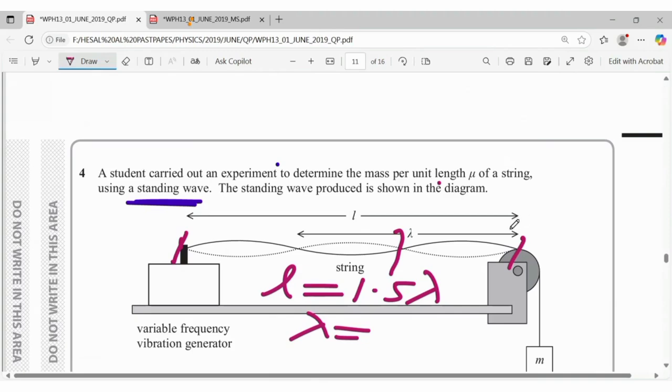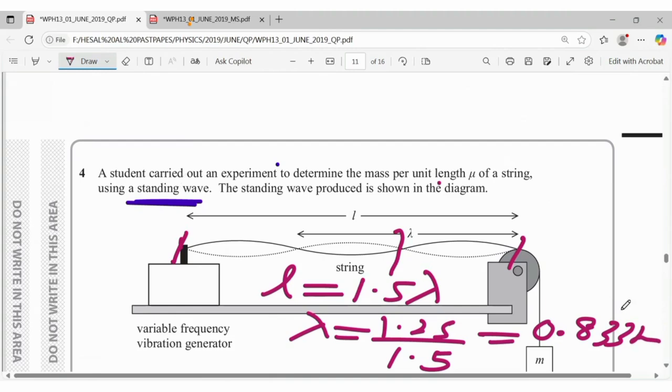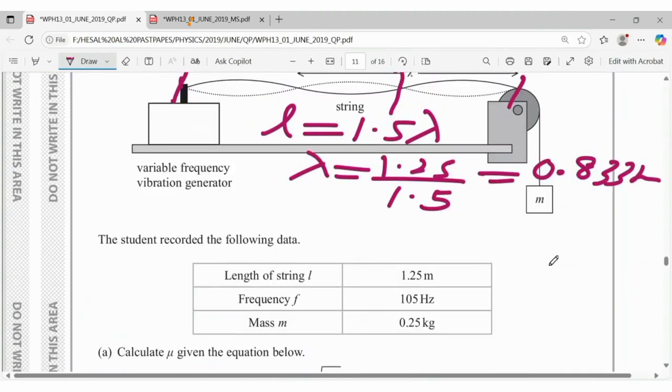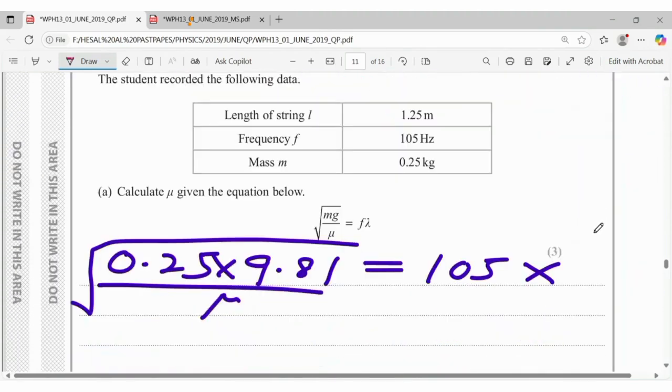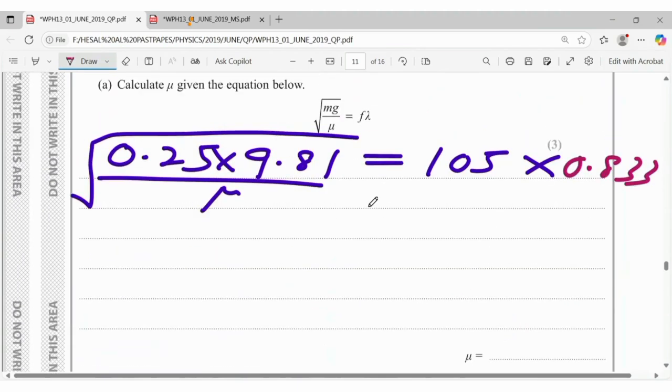So, how do we find lambda? Length value given as 1.25. That one divided by 1.5. So, there you can get the answer as 0.833 meters. Now you know lambda value. 0.833. You can substitute in here. So, square root cancel.